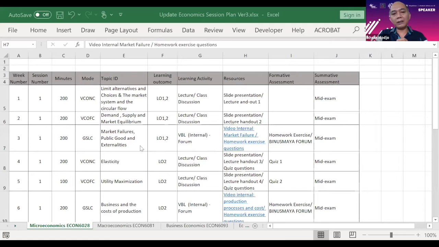Perhaps the quality is not up to the standard we expect, or it doesn't cover enough of the material actually required for that course.